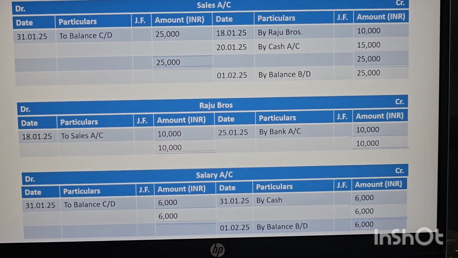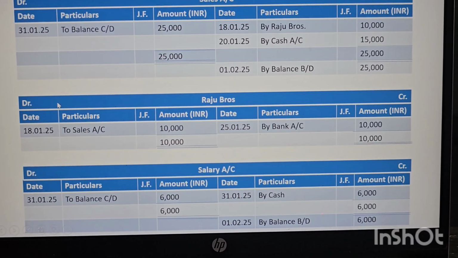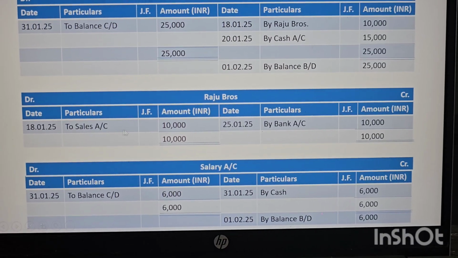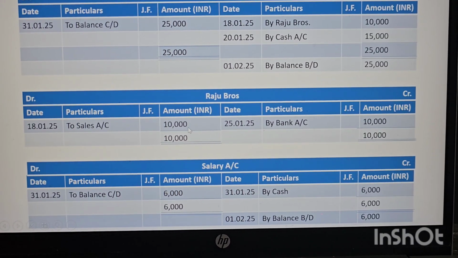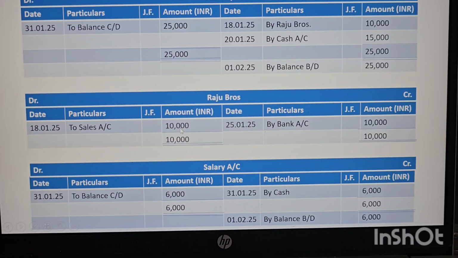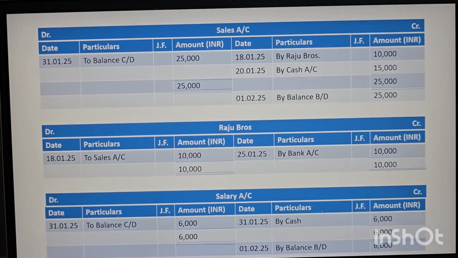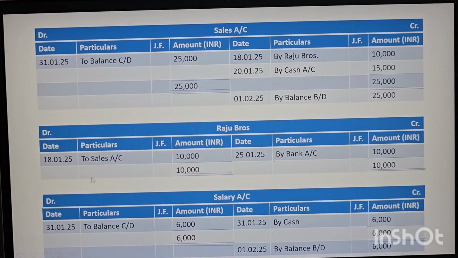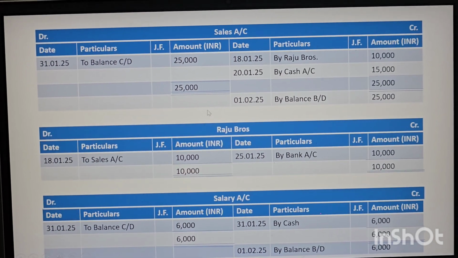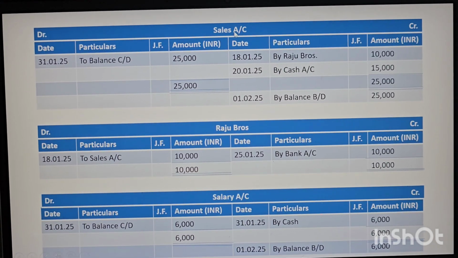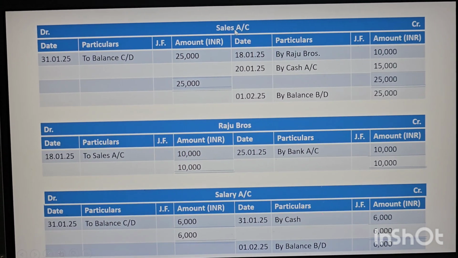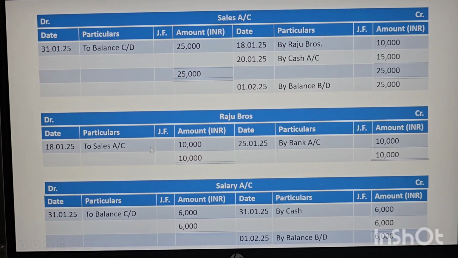So that is why we have sales coming up over here, to sales account 10,000 rupees. So this is how the transaction of the credit sales is being recorded, where the debtors account has been opened and the sales account has been opened, and the transactions are being recorded in the sales account and the debtors account.